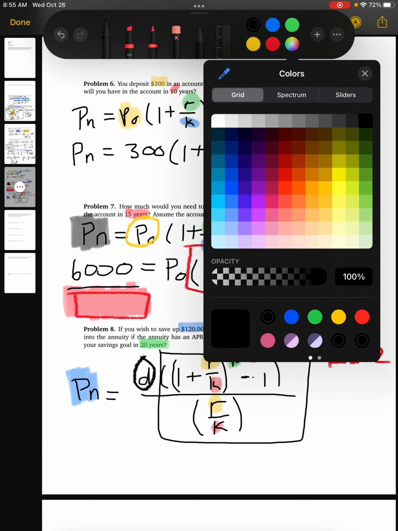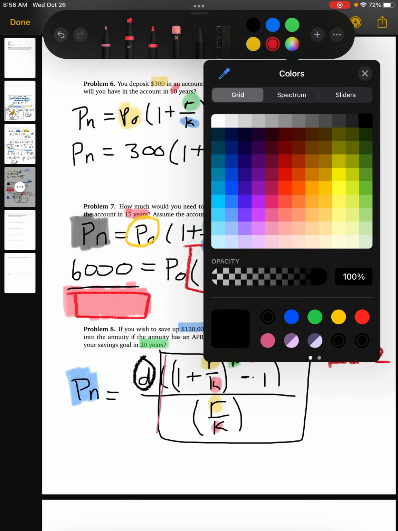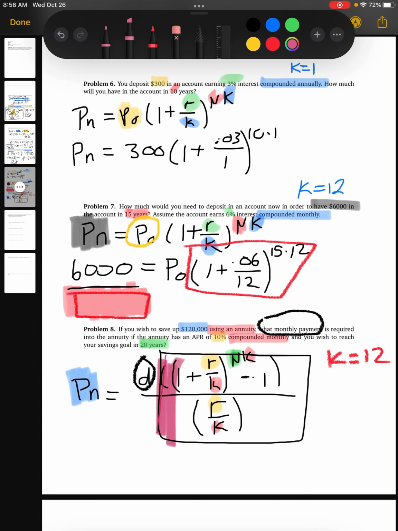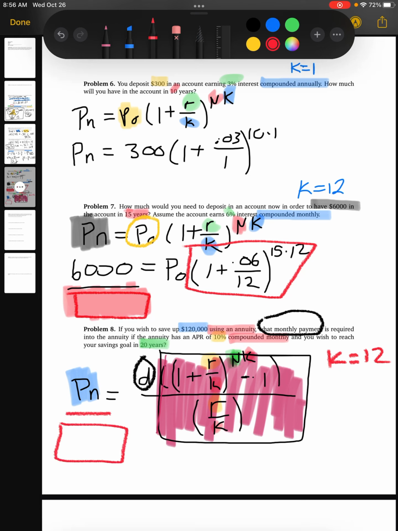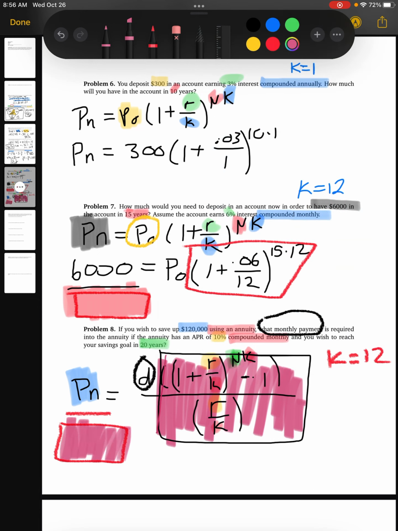Once you've found this number, you're going to take your PN and divide by that number. And that's going to tell you what your monthly deposit is.